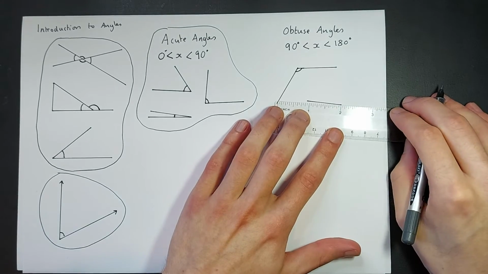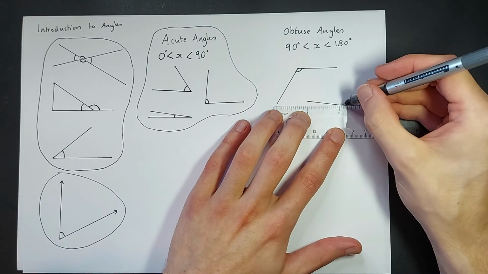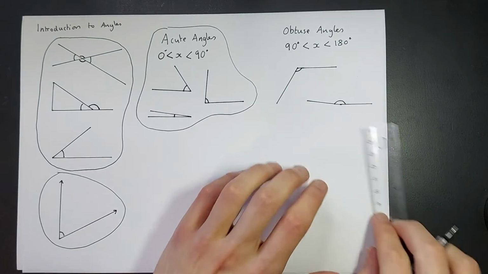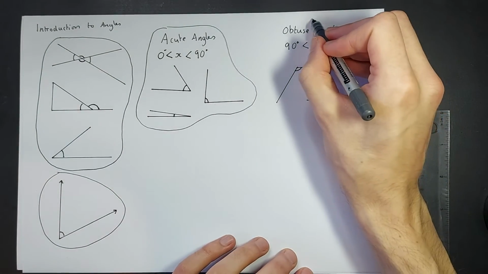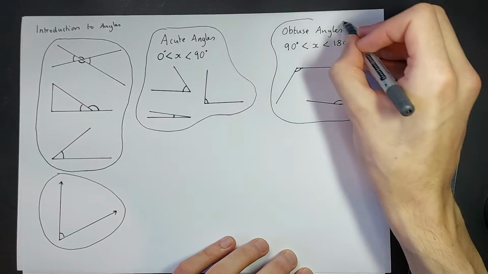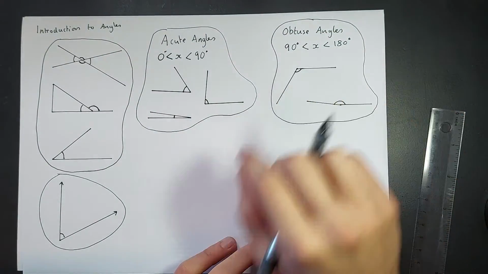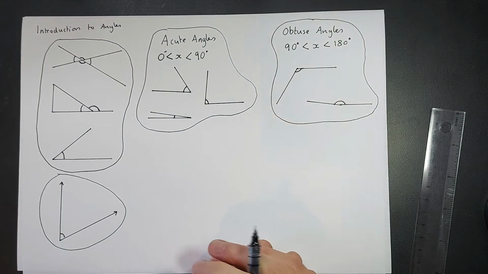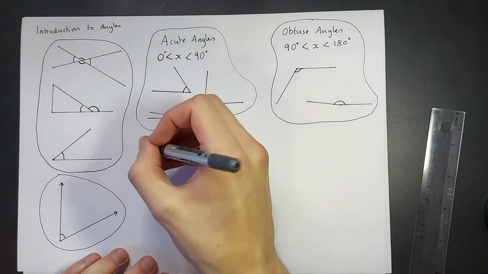Shall we have one like that? We've got this angle here, which would also be obtuse. So this is the region in which you have obtuse angles. This is the region where you have acute angles. Let's have a look at the last one, which is reflex angles.